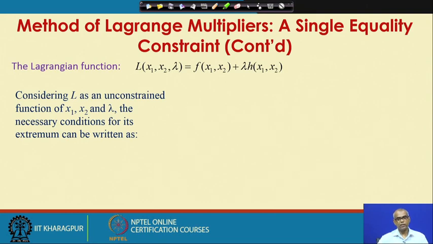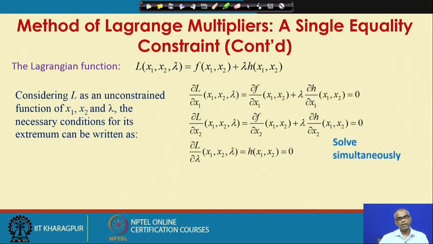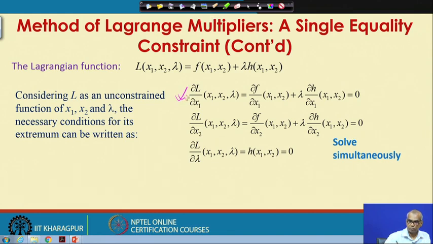Now let us look at the Lagrangian function, L equal to f plus lambda into h. Let us consider L as an unconstrained function of x 1, x 2 and lambda, the Lagrange multiplier. Then the necessary conditions for this unconstrained function can be written as del L del x 1 equal to 0, del L del x 2 equal to 0 and del L del lambda equal to 0. Here, del L del x 1 equals del f del x 1 plus lambda into del h del x 1.